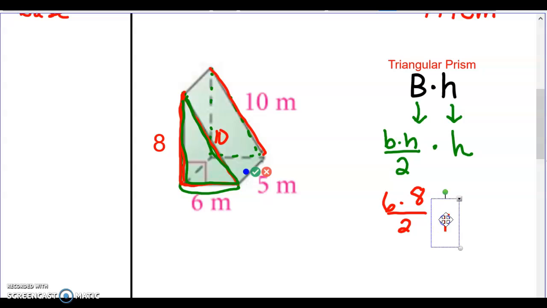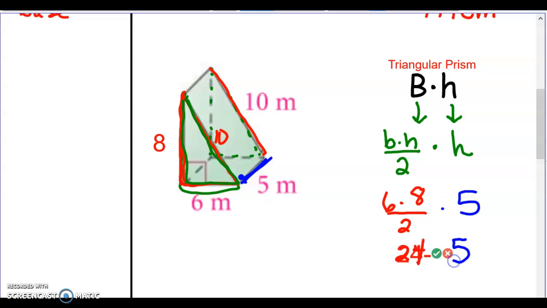All right, so times 5 will be my, times 5. All right, and now typing that in on my calculator, or we could mental math it a bit. So 6 times 8 is 48, divided by 2 is 24. So I'm gonna get 24 for the area of that triangle. So that would tell me how many little cubes I could fit on that triangle.